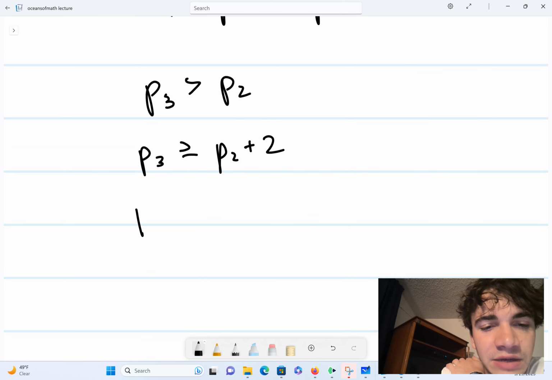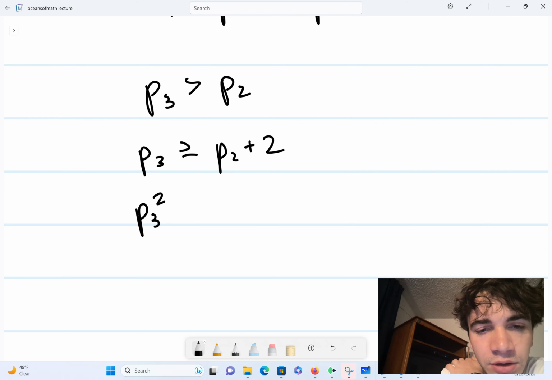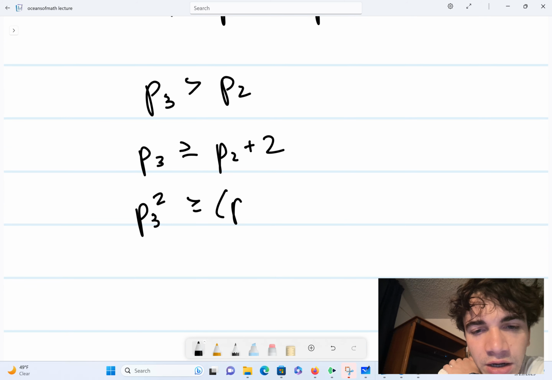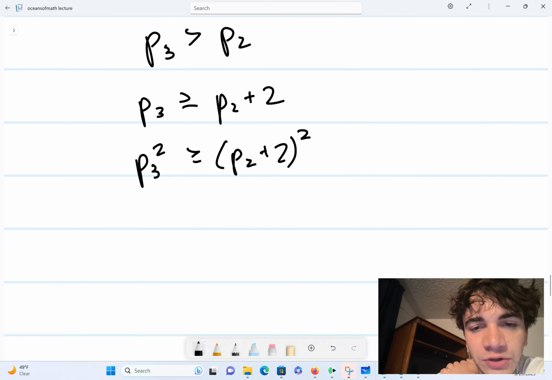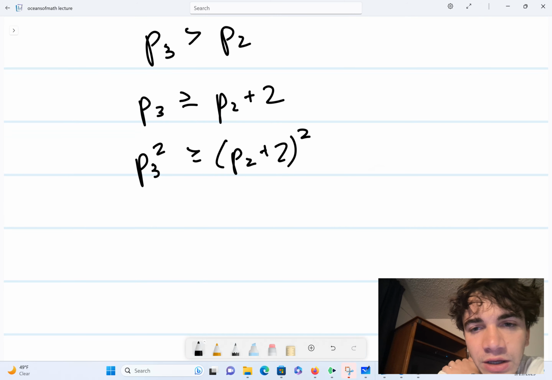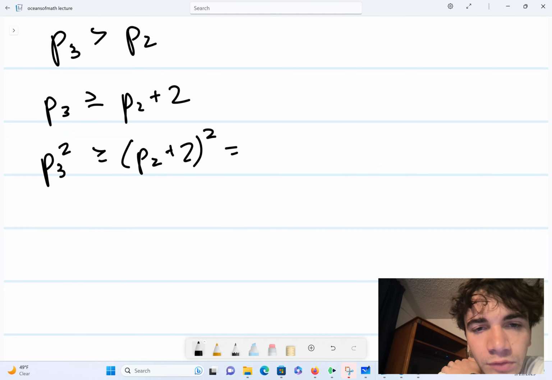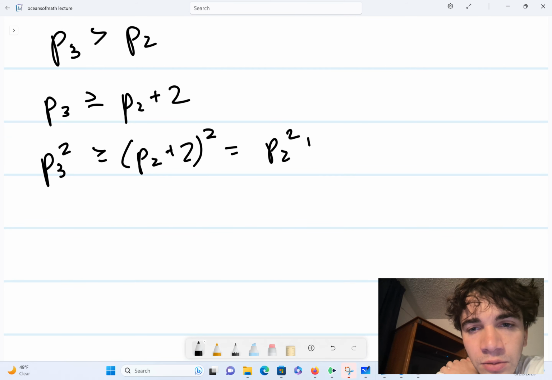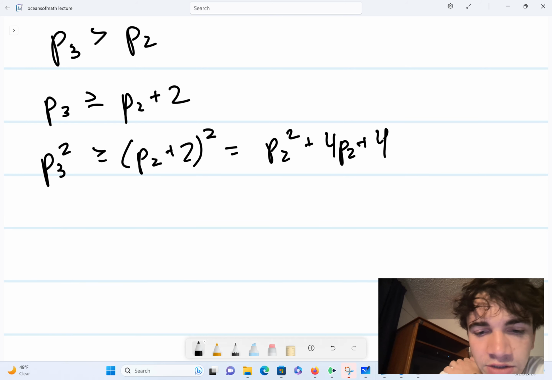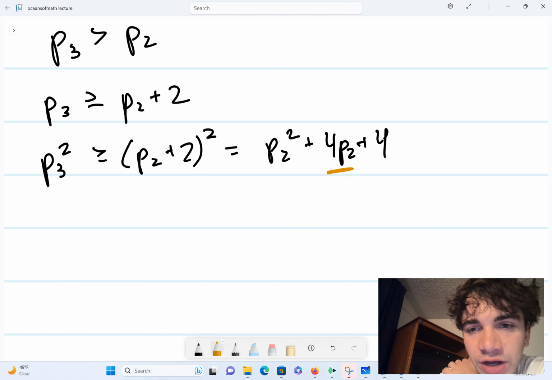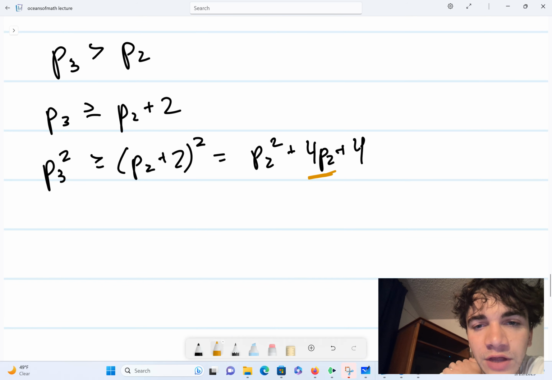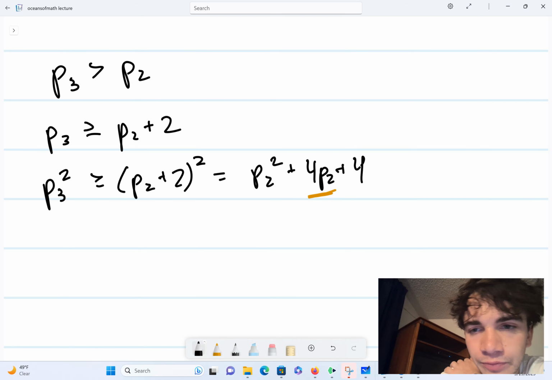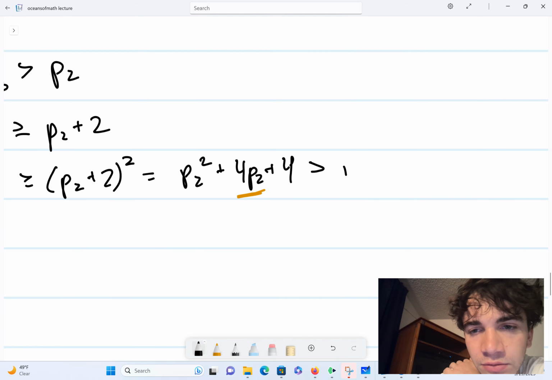What that means is that when I square P3, I can consider squaring the expression P2 plus 2, and that's going to give me P2 squared plus 4P2 plus 4. So immediately I see that P3 squared has to be greater than P2 squared plus 4. Strictly greater, in fact.